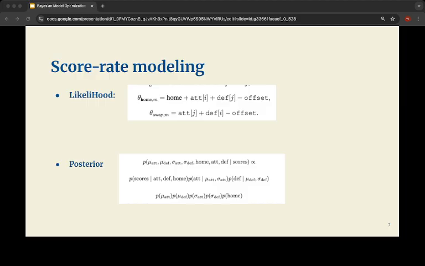The posterior is proportional to the probability of the specific score given the attack and defense power and the home advantage of the team, times the probability of the attack power given the global mean and variance of attack power, and the defense power given the global mean and variance of defense power, times each individual's probability of normal distribution of attack power, defense power, variance of attack power, and defense power, with the probability of a home advantage for the home team.